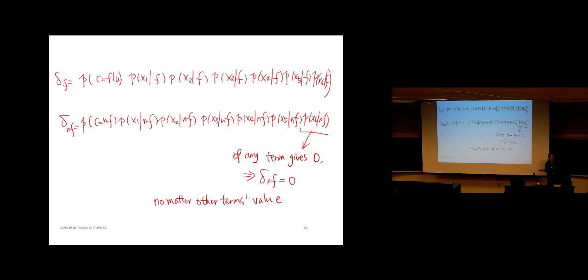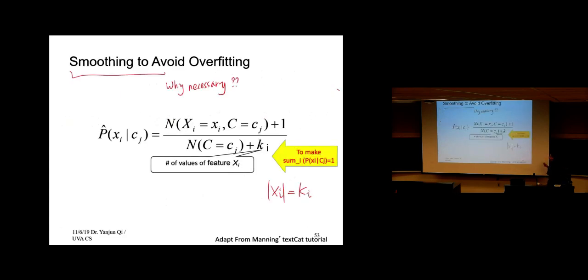But there are a lot of cases where, say, some feature value coupled with output yes just doesn't exist in my training data. If it doesn't exist, then how do you deal with it? There are a lot of tricks called smoothing. The simplest trick is you just add 1 to the numerator and add the number of possible values to the denominator, and this can give you at least a good baseline for the non-zero case.